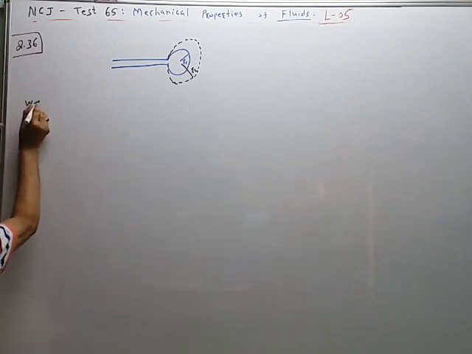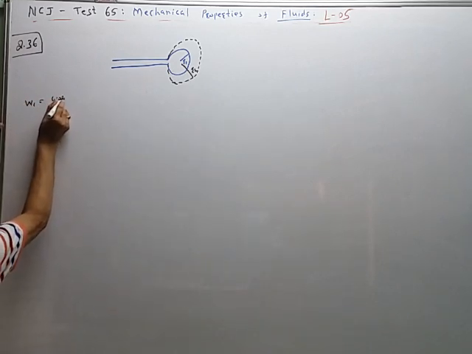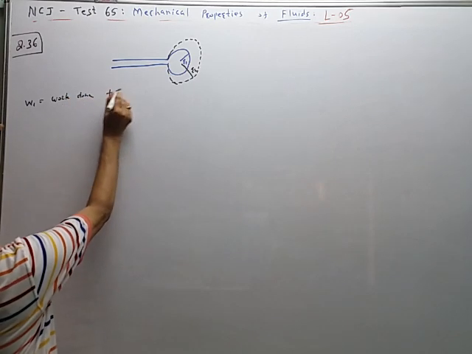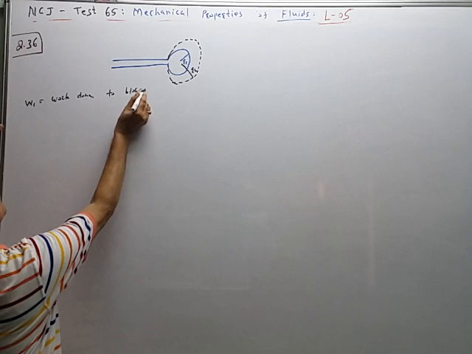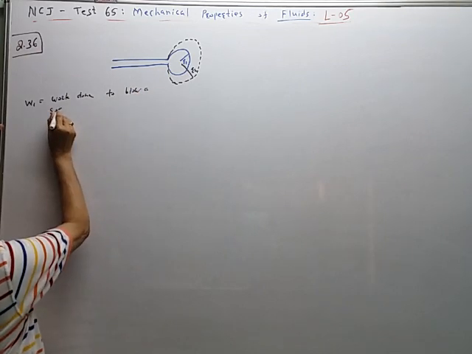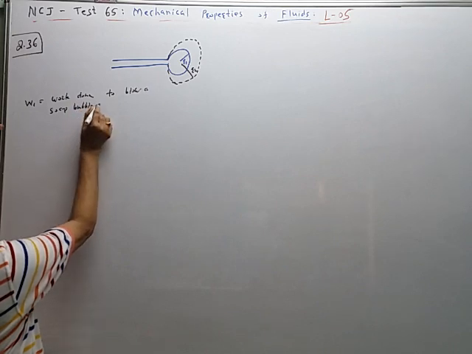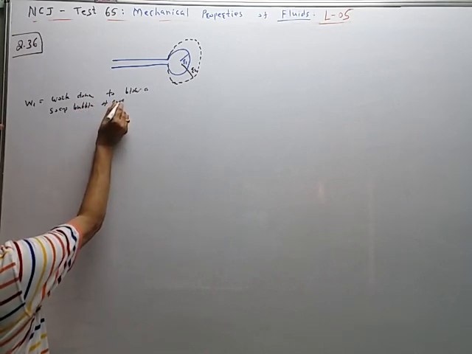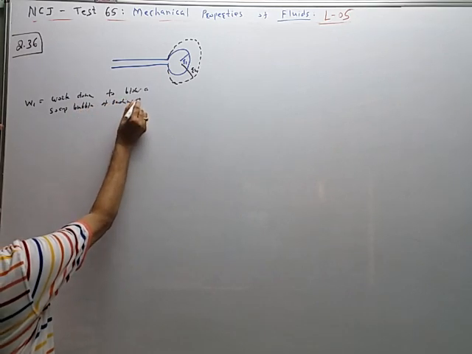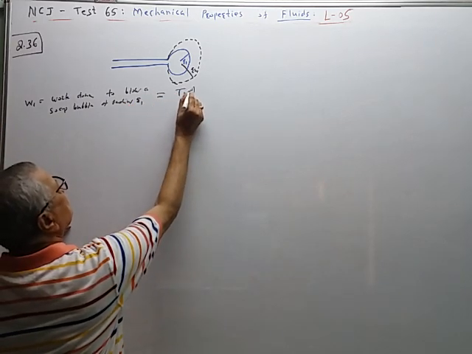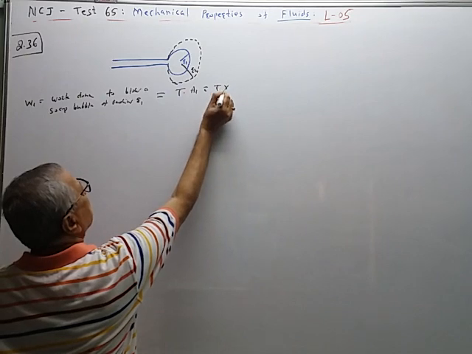So W1 is equal to work done to blow a soap bubble of radius R1. So this is equal to T multiplied by A1.